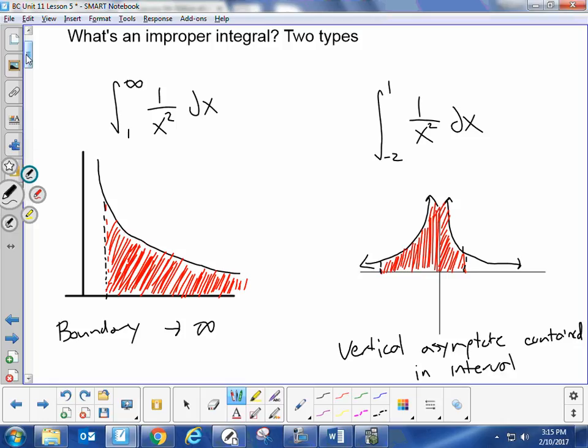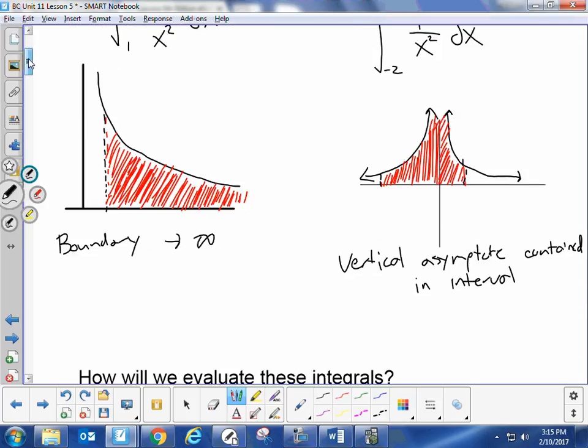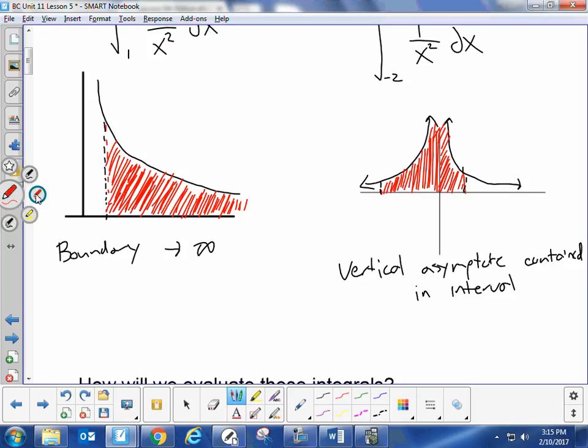Okay? And with these, we need to be very careful with the fundamental theorem of calculus. Just like we saw in that first one.